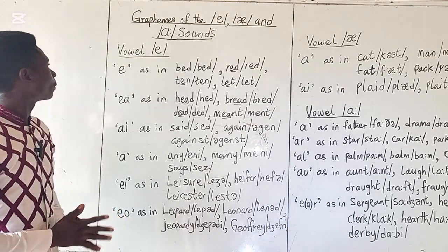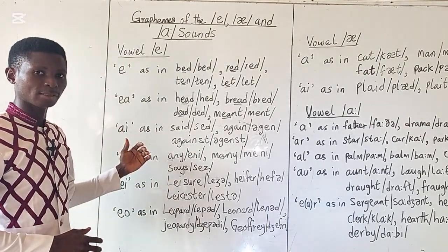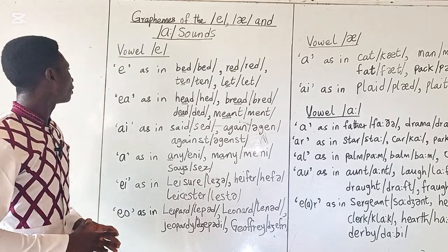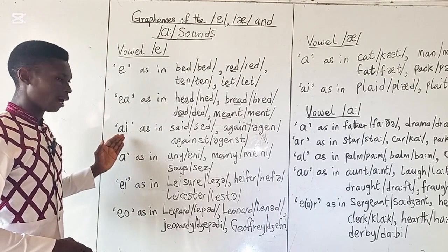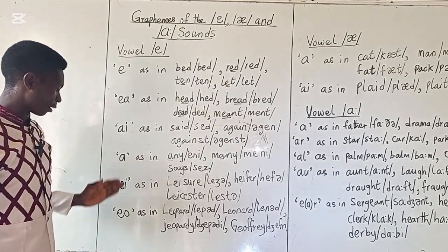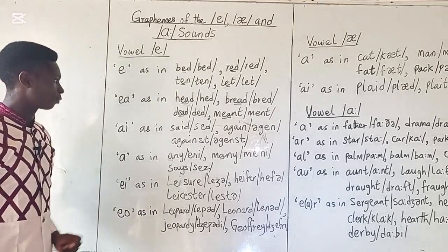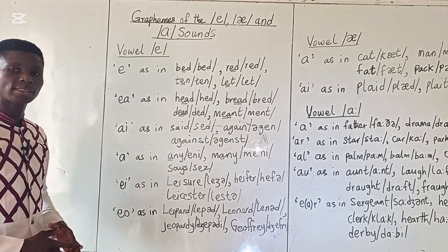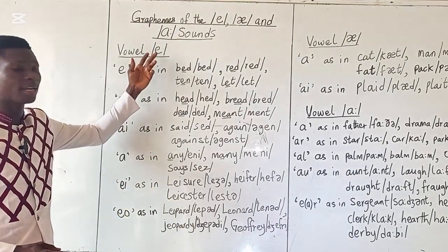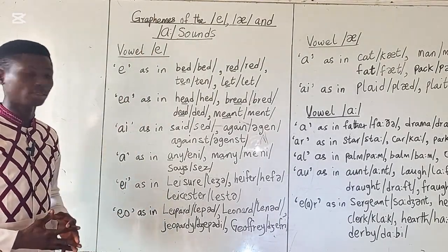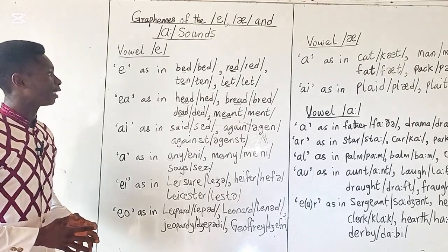Right, so for the sound, we have different spellings that can suggest it, ranging from letter E, EA, AI, letter A, EI, and to EO. Right, so when each of these letters is employed, it means you're likely to have the A sound. Note the pronunciation and also how it is realized in words.